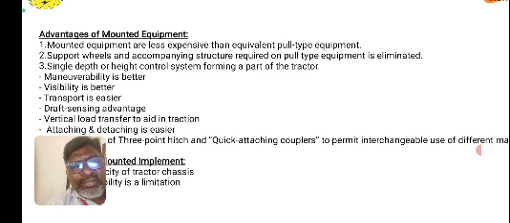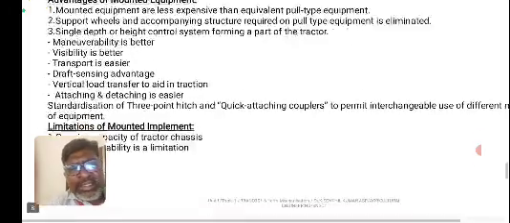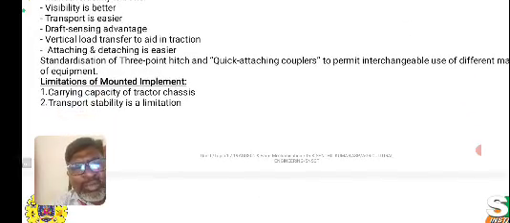Advantages of mounted equipment: it is less expensive than pull type equipment. Support wheels and accompanying structure required in pull type equipment are eliminated. Single depth or height control system forms a part of the tractor. Limitations of mounted equipment: carrying capacity of the tractor chassis and transport stability are limitations.